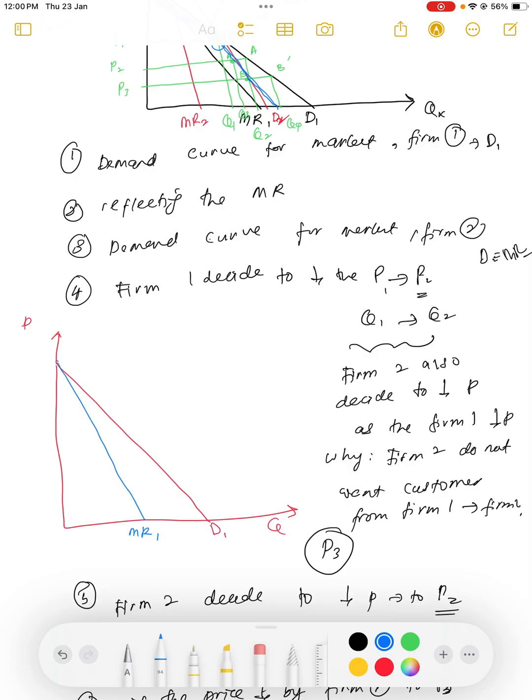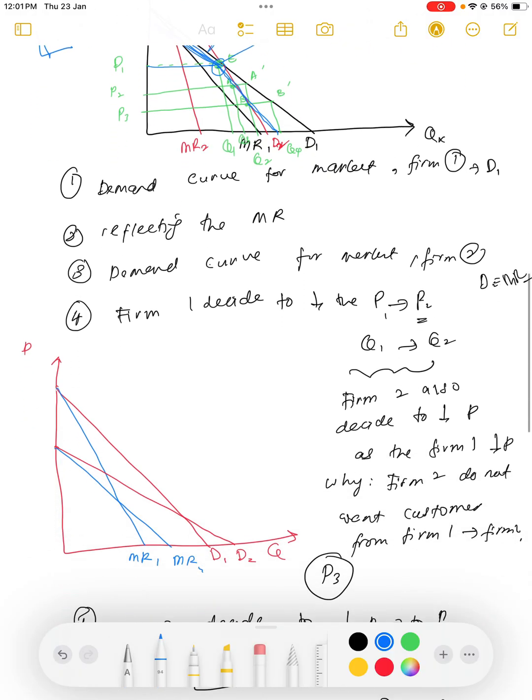Now let's say the demand for company 2. The price here, the demand here. So this is D2. The marginal revenue will be half of the demand, so from here half is like this, MR2. Now let's take a look at the price.